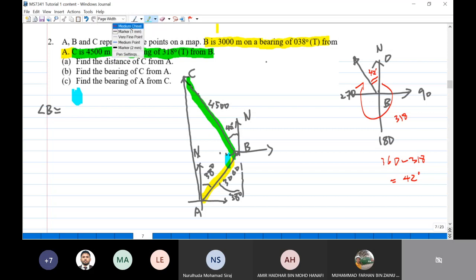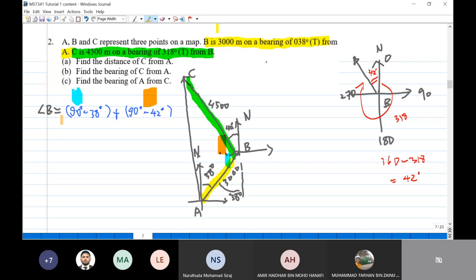So the blue angle is 90 minus 38 degrees. And then there's another one, the orange angle, which is another 90 minus 42, because that's how we drew it.